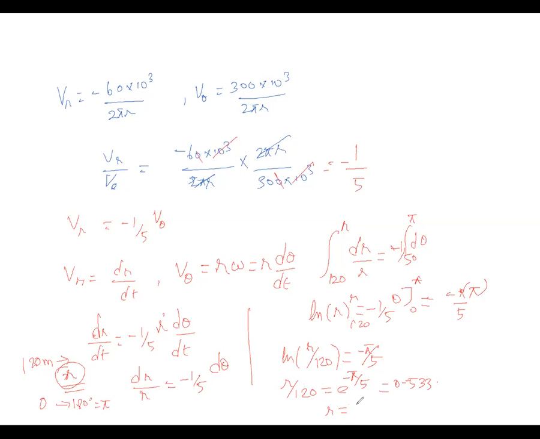So r equal to 120 into 0.533, which is approximately 64 meter. Multiplying 60 and 0.033, you get 3.8, so 63.8 or 63.9 meter it may come. So for a half revolution, the leaf will have moved to a position of 64 meter.